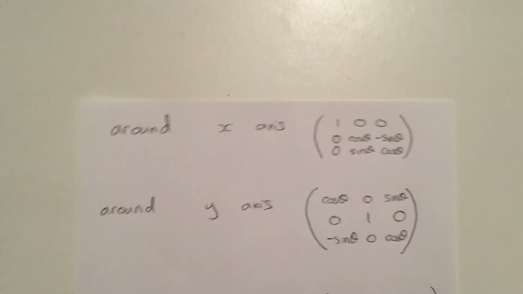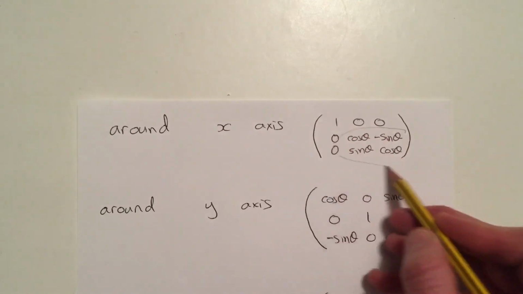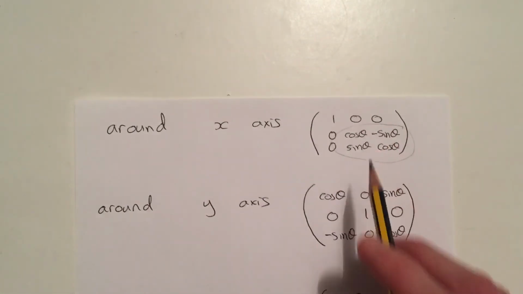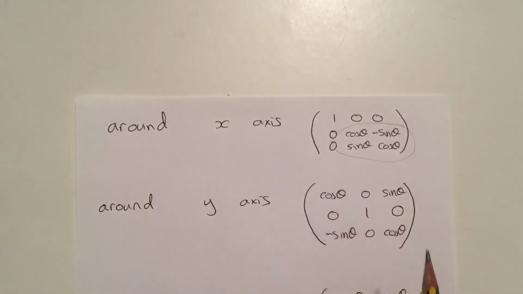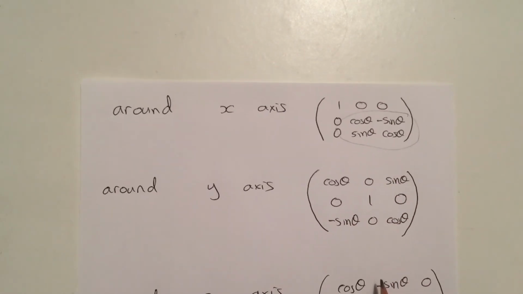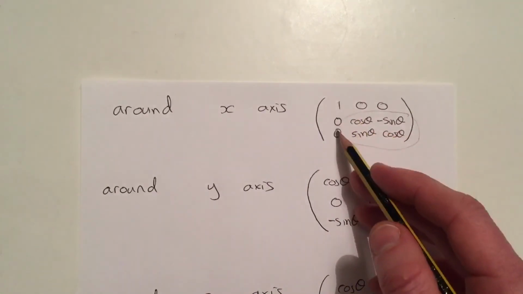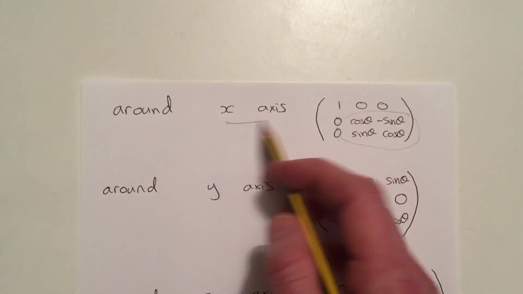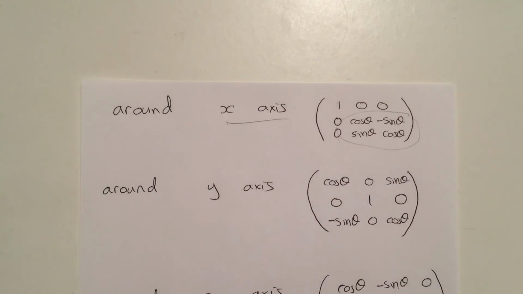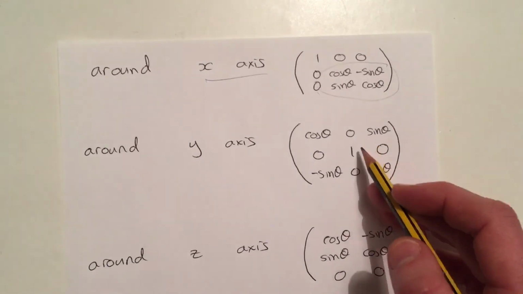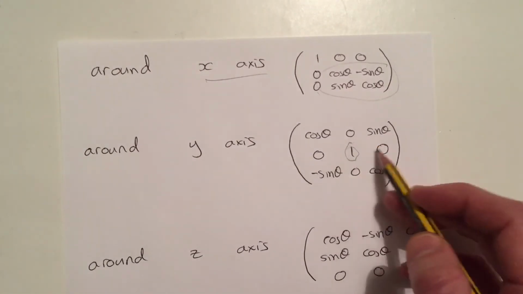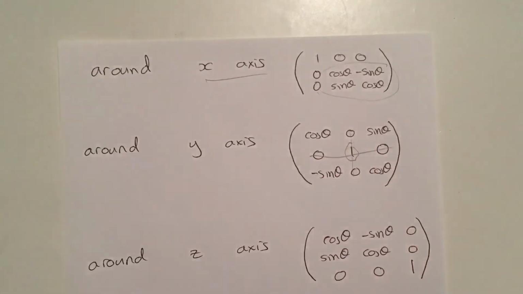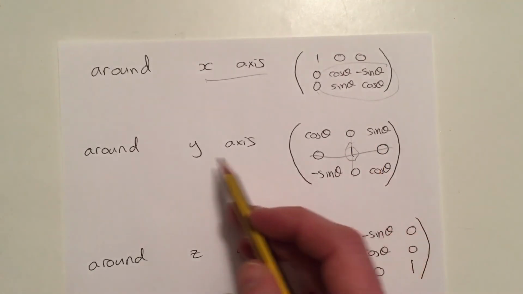So let's just look at each of these. This was the rotation in 2 dimensions. We're used to this, we were given it in the formula sheet and we dealt with it a couple of lessons ago. And then this 1, 0, 0, 1, 0, 0 here is telling us it's in the x-axis. Here, this 0, 1, 0 and 0, 1, 0, that's telling us it's in the y-axis.